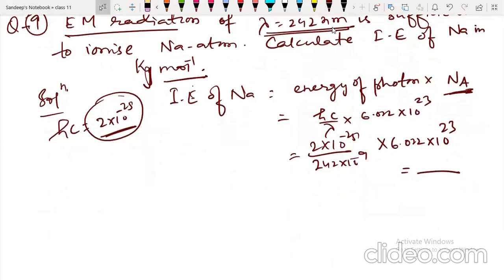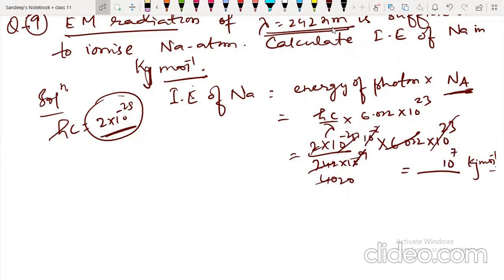Do the calculation. See, this is approximately 40. This is 20. So this is 10 to the power minus 2, and this is plus. So this will become 10 to the power 7.